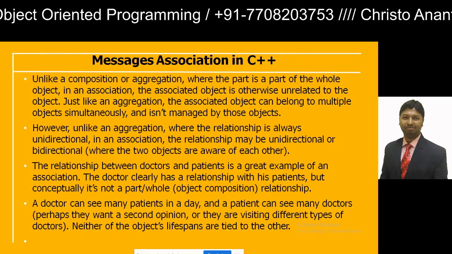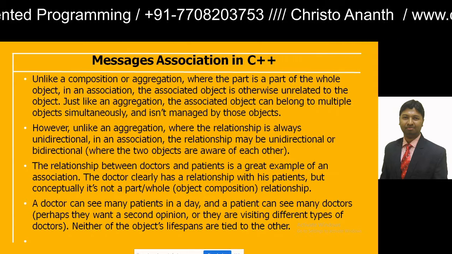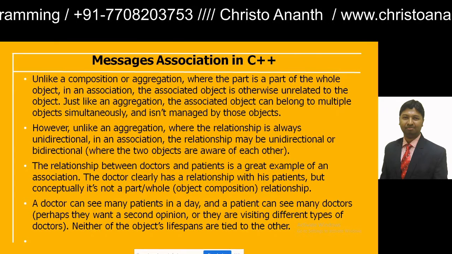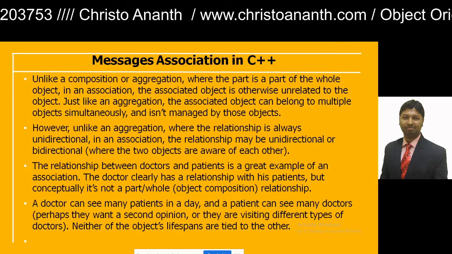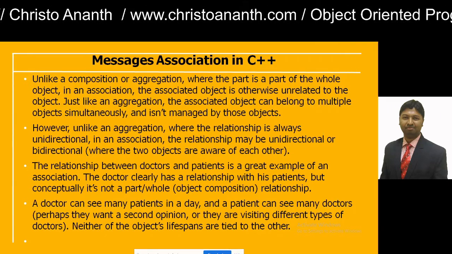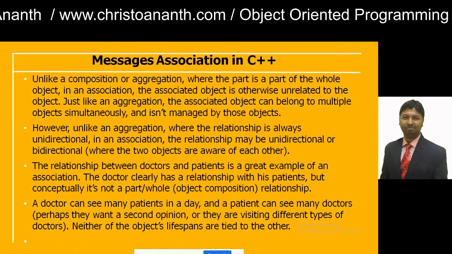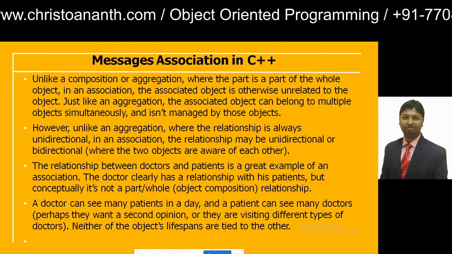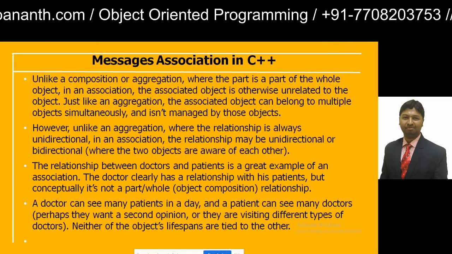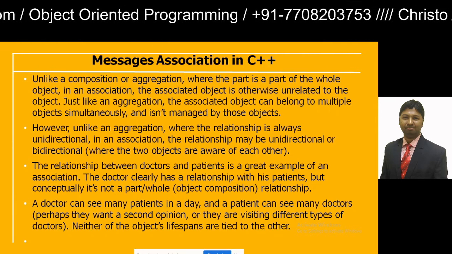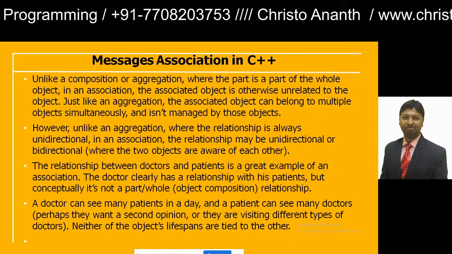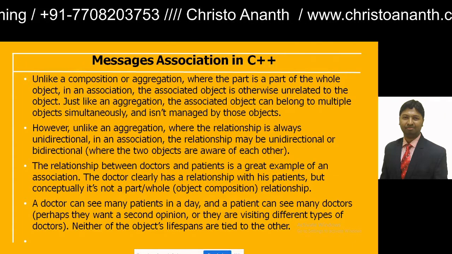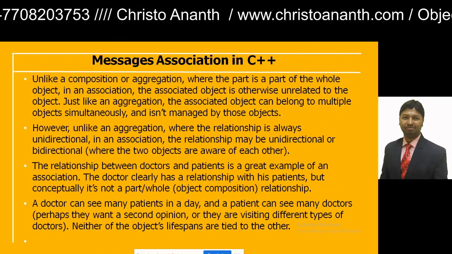However, unlike aggregation, where the relationship is always unidirectional, in an association the relationship can be bidirectional. For example, somebody asks a question, then you try to reply. So it is bidirectional. Similarly, in the case of teaching, when you are keeping quiet, it is unidirectional. So this is also association, but in aggregation, the relationship is always unidirectional.